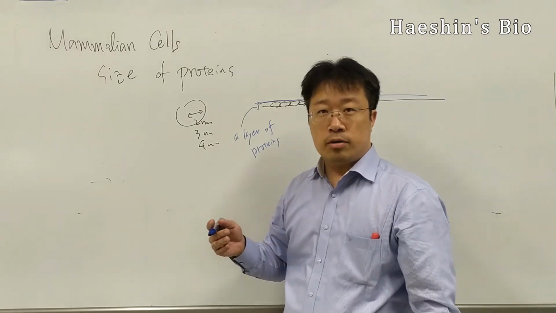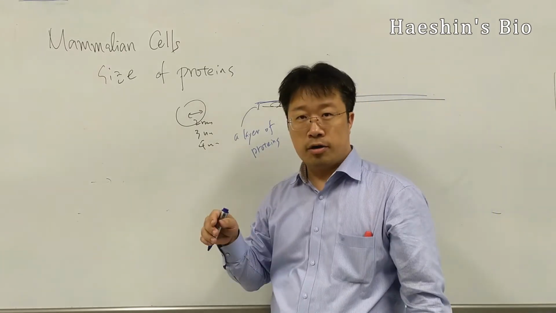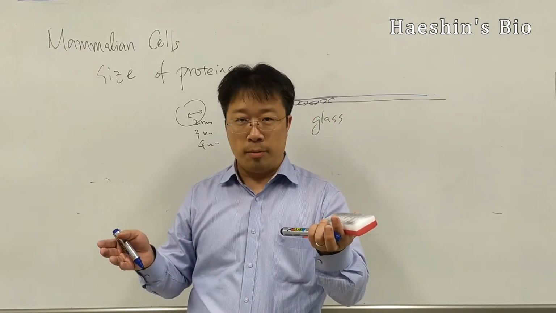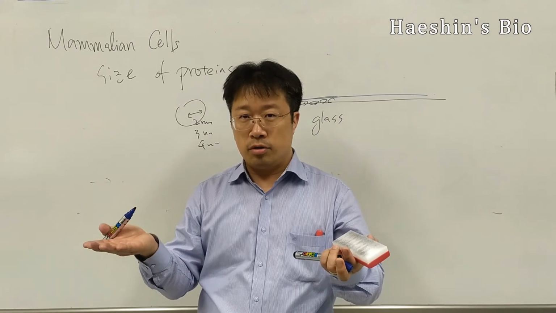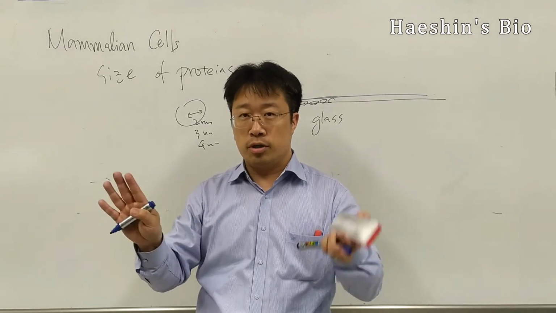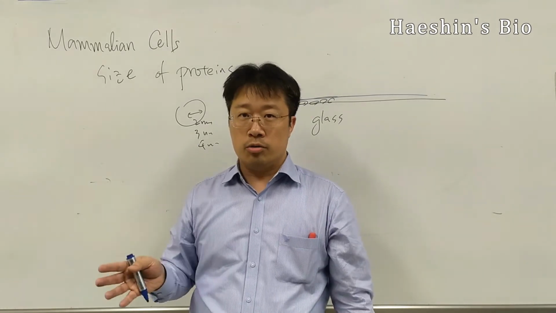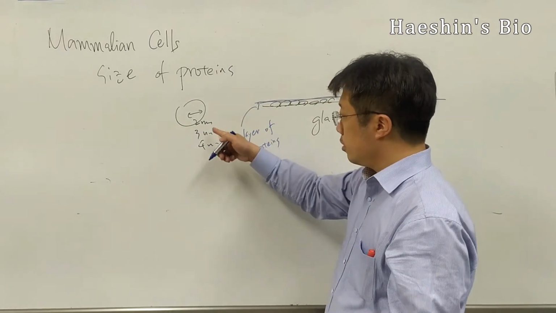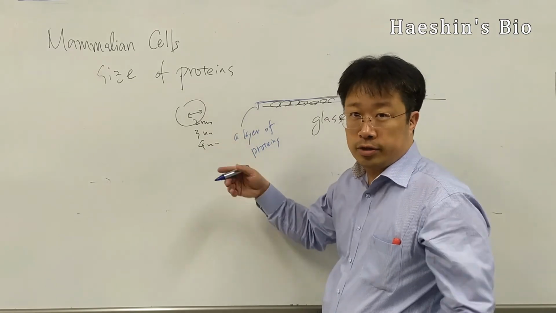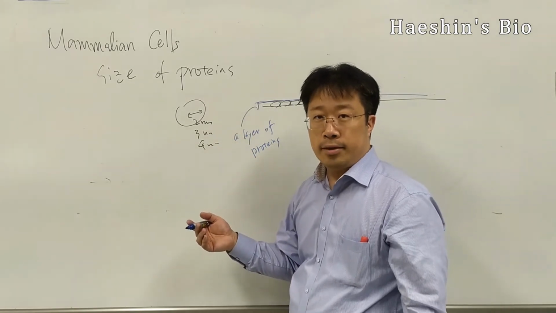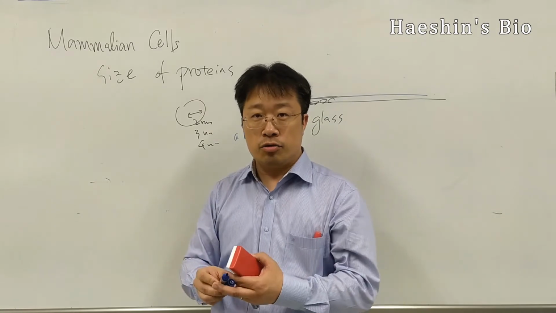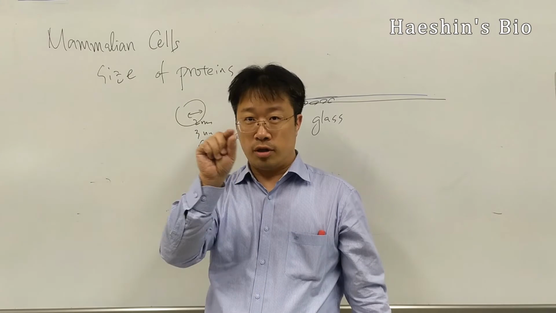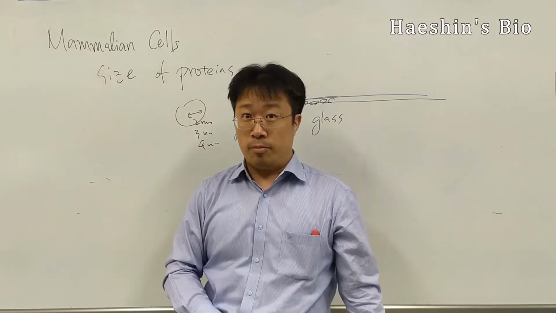So then I will ask you what is the thickness of this layer. Say you have glass with a protein on top, and glass without protein on top. Can you distinguish? No, because the layer of protein is just 2, 3, 4 nanometers or 10 nanometers thick. How can your eyes distinguish between transparent glass with a protein layer about 3 or 4 nanometers thick?